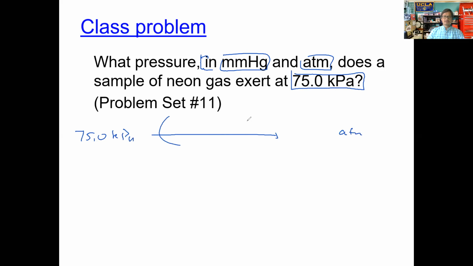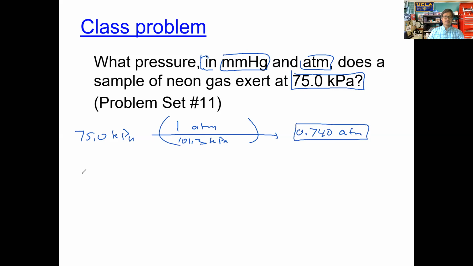Doing the same thing, we have 1 atmosphere over 101.3 kilopascals. If you plug that in, you'll get 0.740 atmospheres.